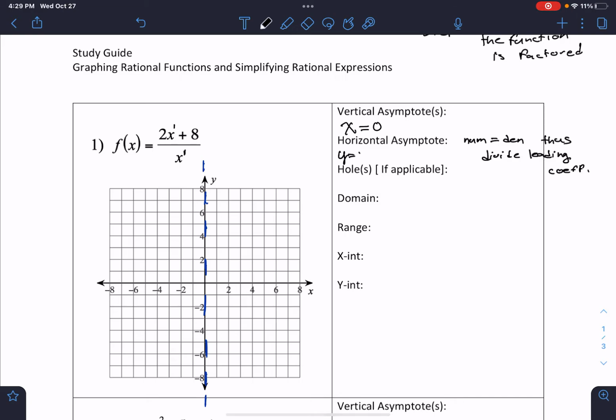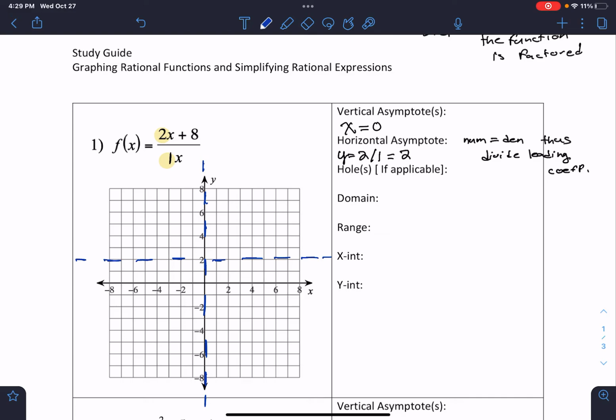So y equals 2 divided by 1, because the leading coefficient is the number in front, which is 2 and 1. So you get 2. So at y equals 2, we get a horizontal asymptote.